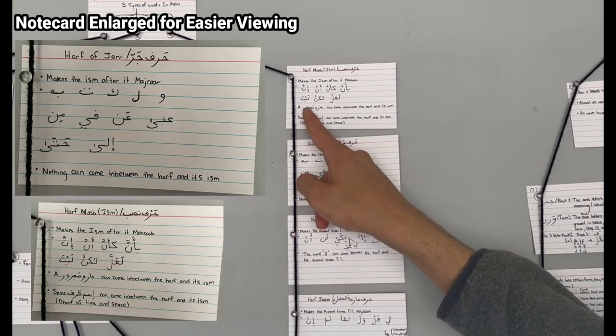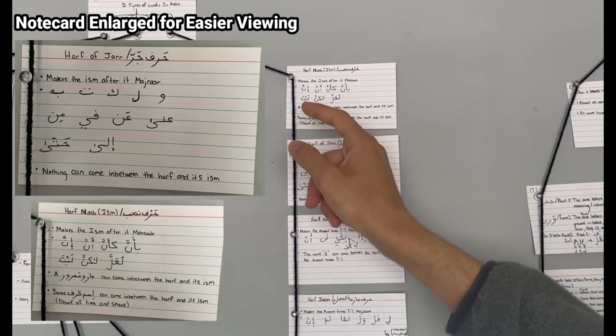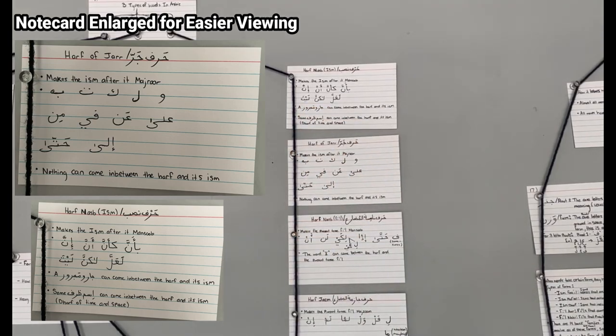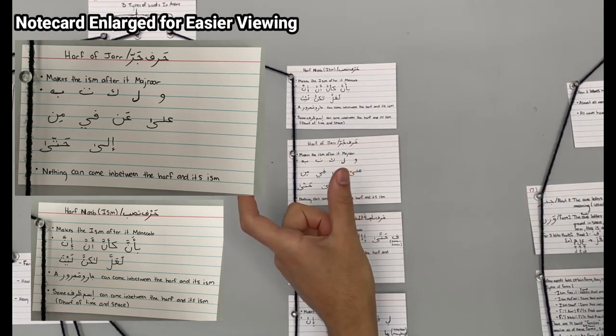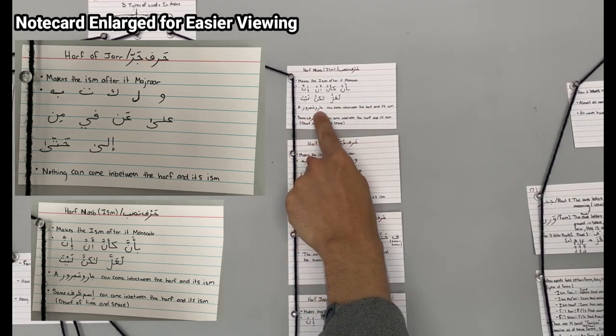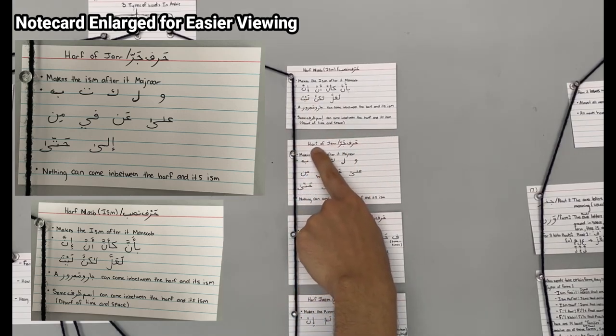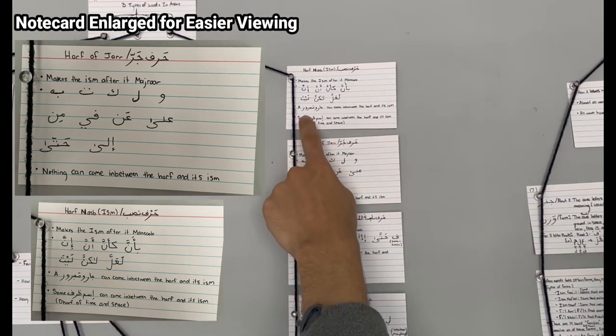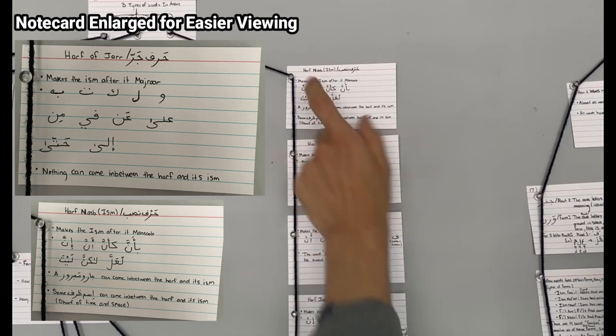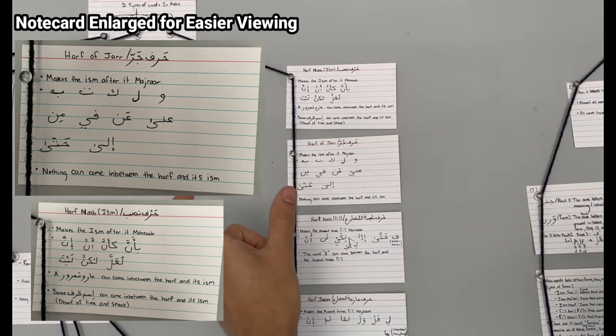Now, just to mention, some words can come between the harf and the thing that you're using the harf for. So you said inna musliman, but sometimes a jar and a majroor can come between. What's a jar majroor? It's a harf of jar plus the word after it. Sometimes it can come between the harf of nasib and its ism, pretty much.